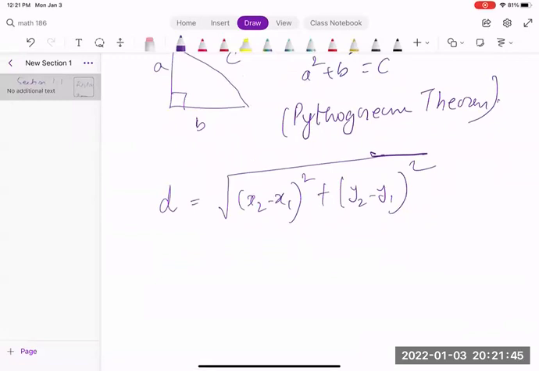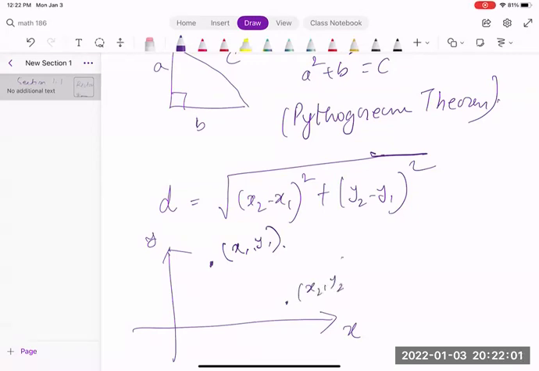Suppose you have your x and y axes. You have a point right here, which is (x1, y1), and another point here, (x2, y2), and you want to know the distance between these 2 points. In a situation like this, you can drop a perpendicular and then join the 2 points.